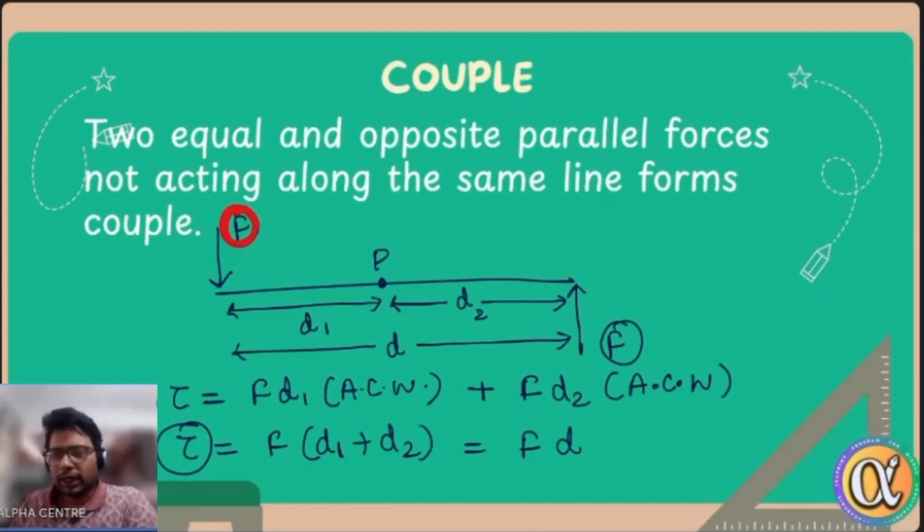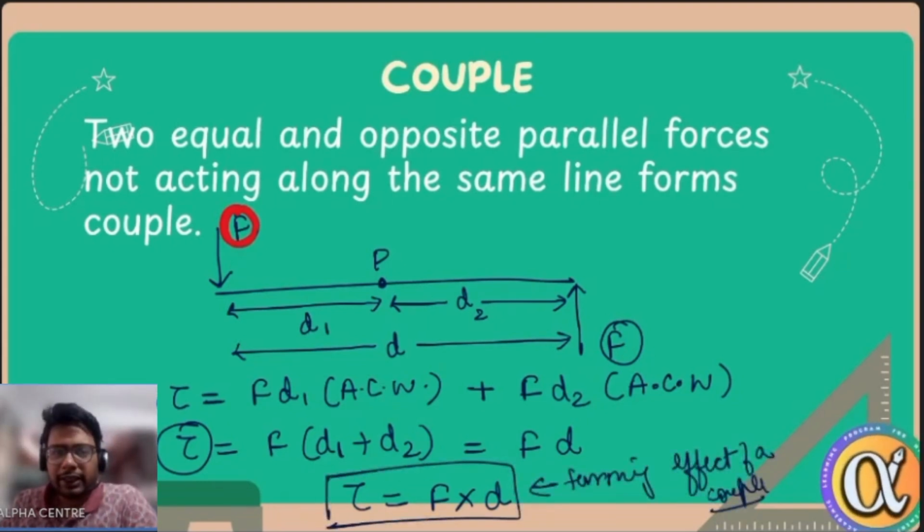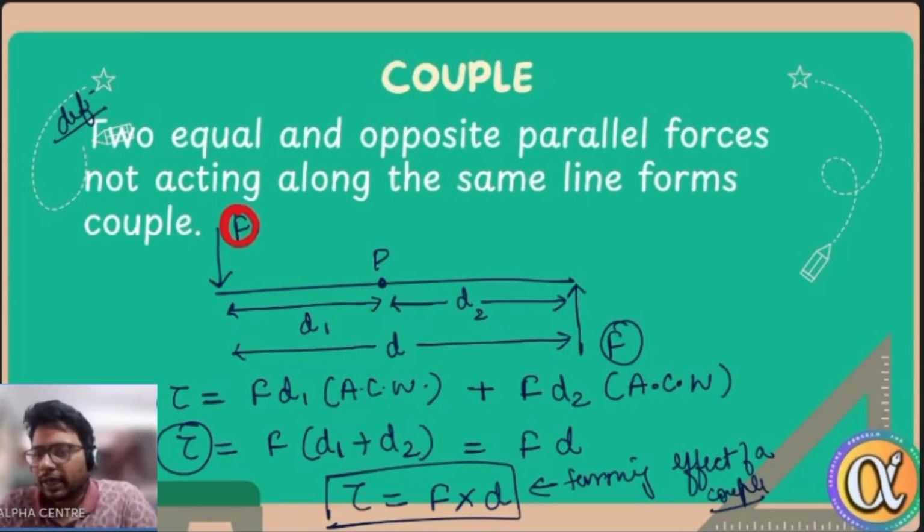Force times the distance between the two forces. If they ask you to define a couple, you can say: when two equal and opposite parallel forces are not acting along the same line, they form a couple.